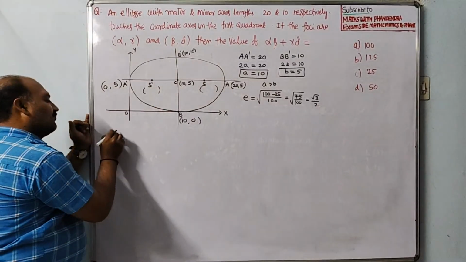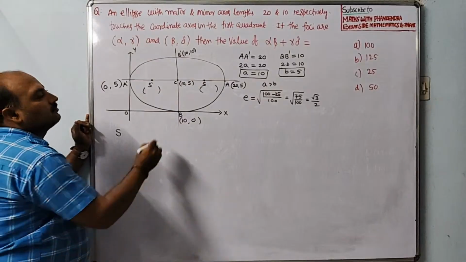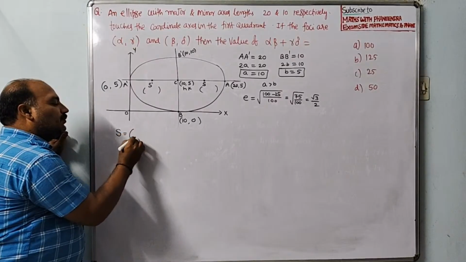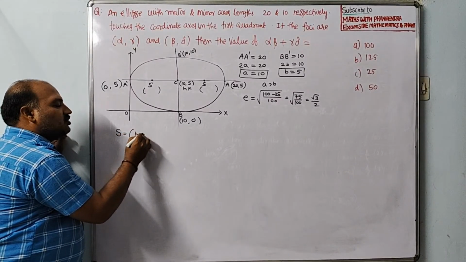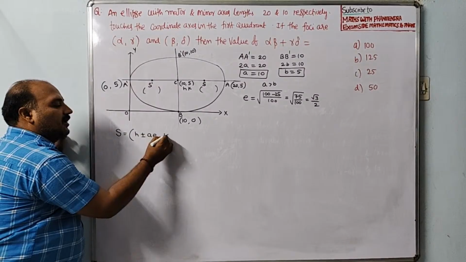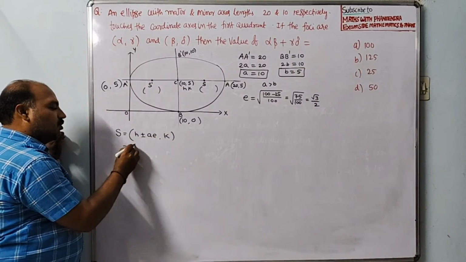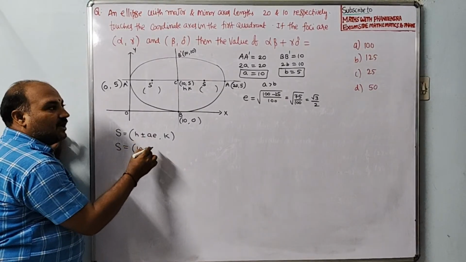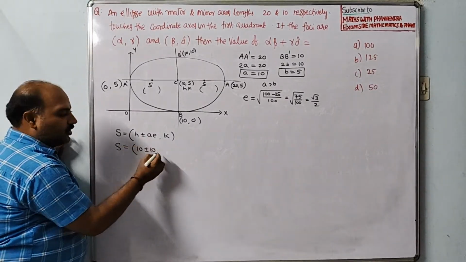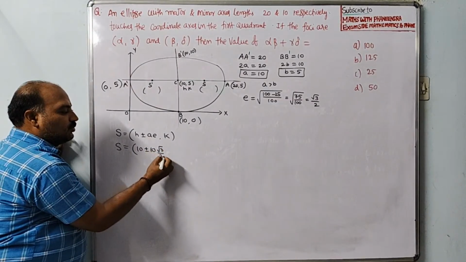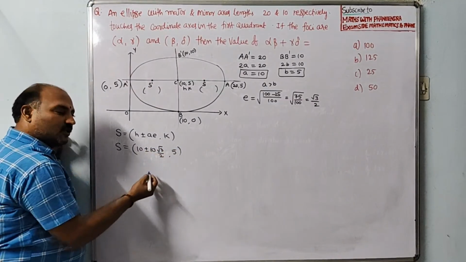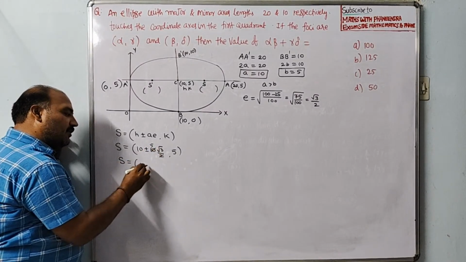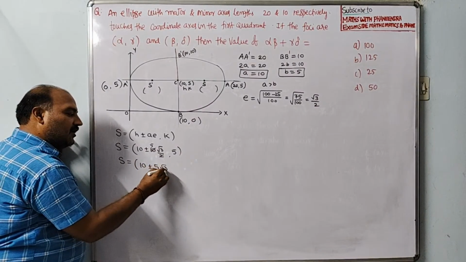So foci coordinates. This is (h, k), dear students. S is equal to (h plus or minus ae, k). So h value how much? 10 plus or minus a value is 10, e value root 3 divided by 2, comma k value is 5. So S is equal to (10 plus or minus 5 root 3, 5).